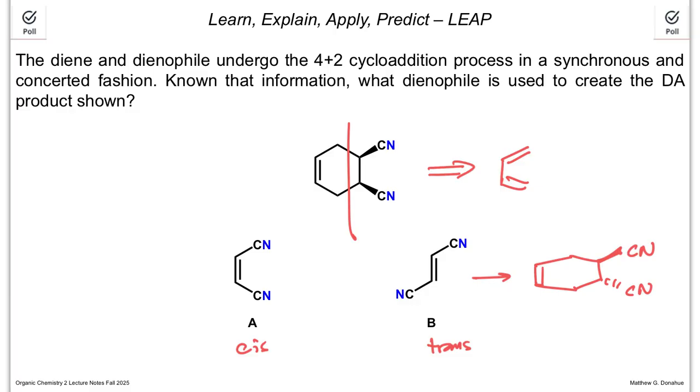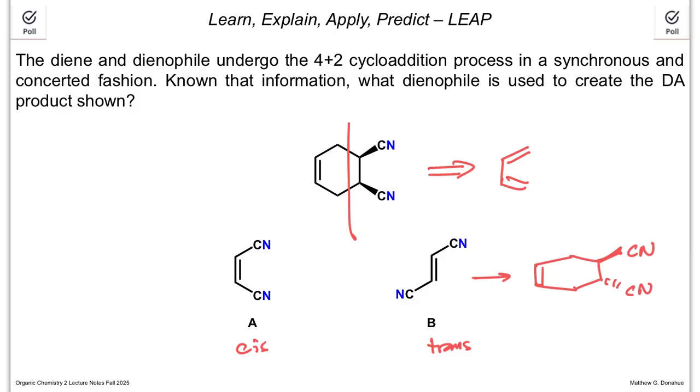So ultimately, what that's telling you is that looking at the relative relationships of the substituents allows you to predict the geometry in the dienophile. And that's where we're talking about cis and trans.